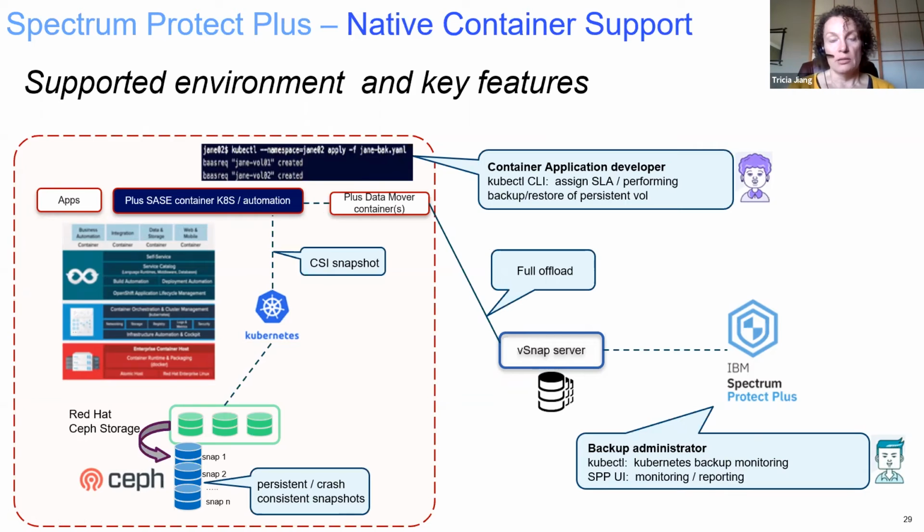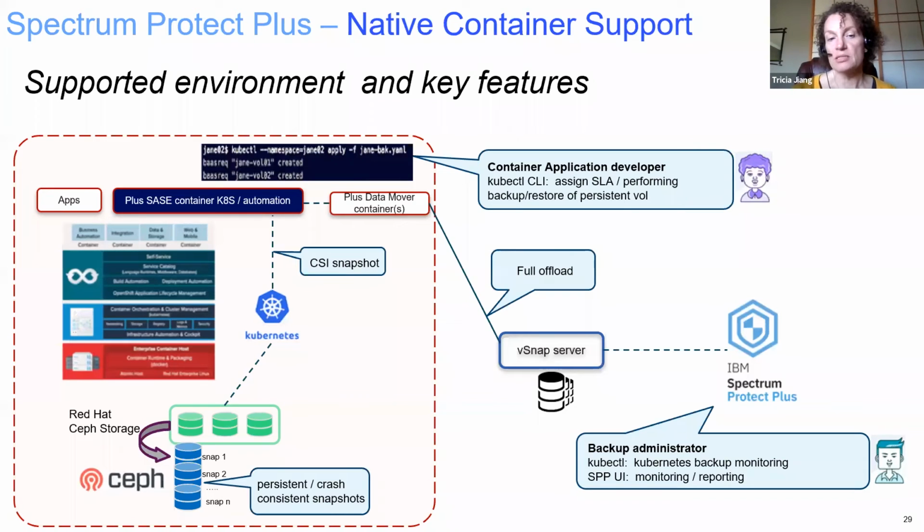You can also do on-demand snapshots out to the Ceph storage, but the basics is we're going to send those snapshots once a day and offload them to the Spectrum Protect Plus server.